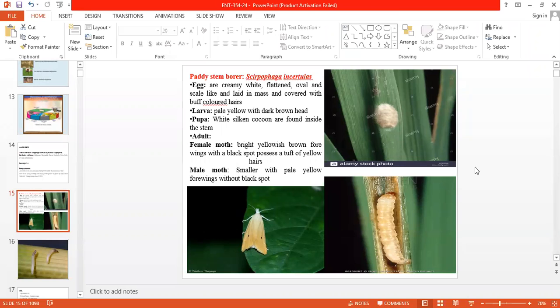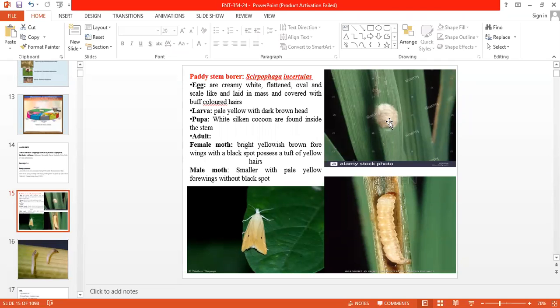So these are flat in shape, oval in shape, and scale like, and laid in groups, and these eggs are mostly covered with buff colored hairs. This yellow stem borer mainly deposits its eggs specifically on the upper surface of leaf tips.